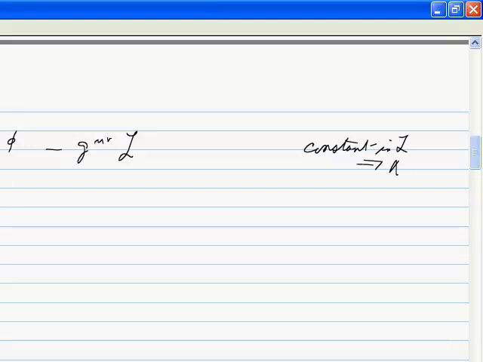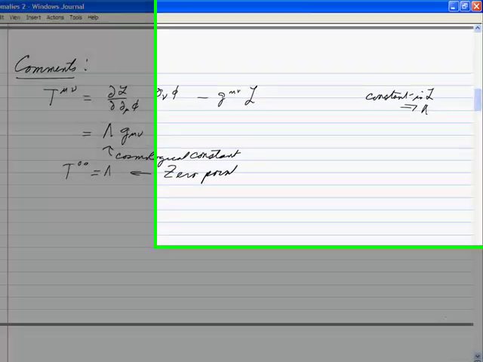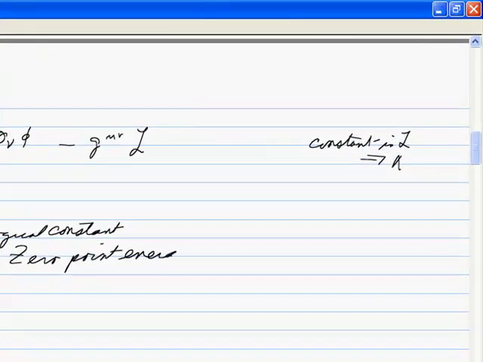That's the cosmological constant. The T^00 then is just lambda, so that's the zero-point energy. So what we have there is the usual divergent zero-point energy that you get.